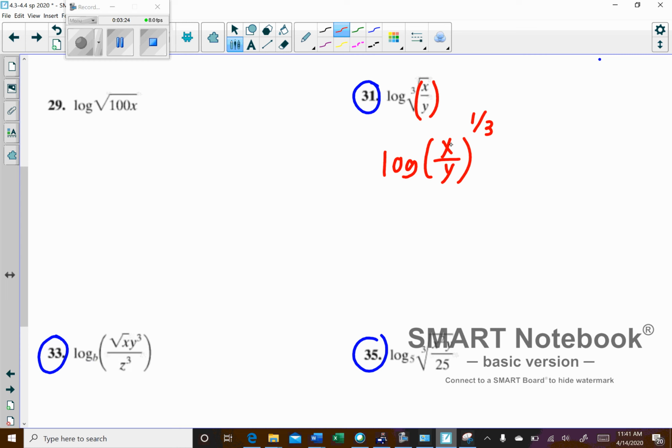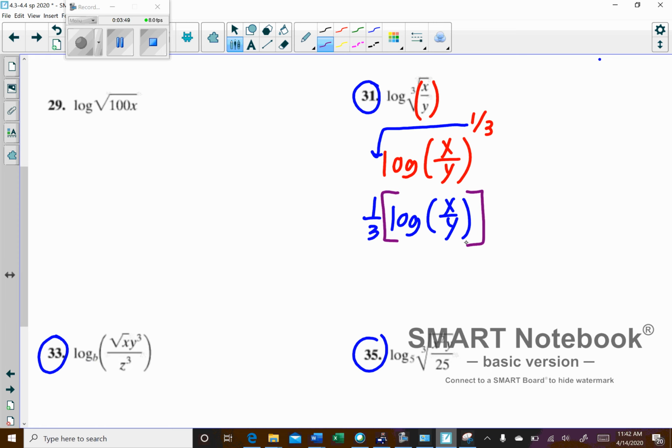Okay, so you can go two different ways with this. You can distribute that power to both the x and the y, or you could move it to the front. I'm going to move it to the front, but you do have to be a little careful here, because now I have to do my quotient rule and break that apart. That 1/3 needs to belong to both parts when I break it.